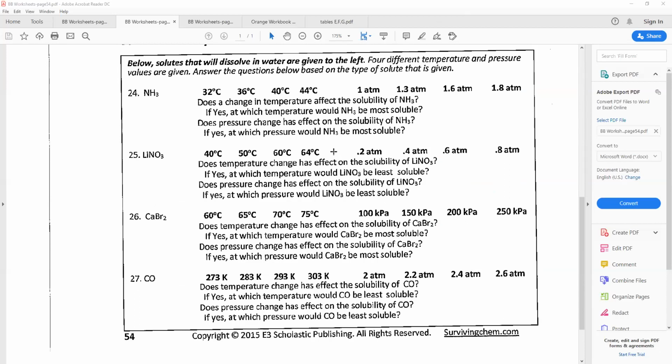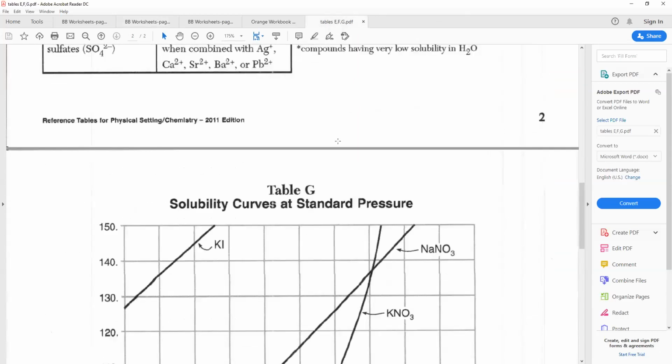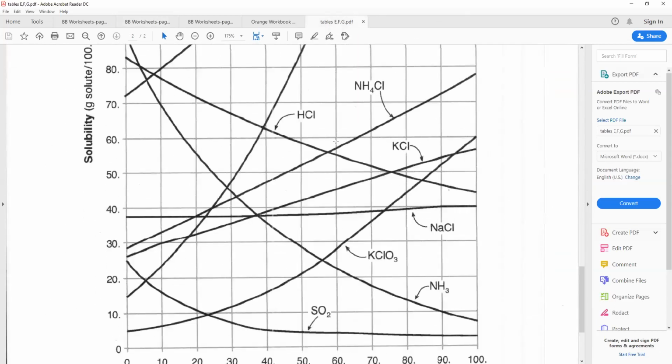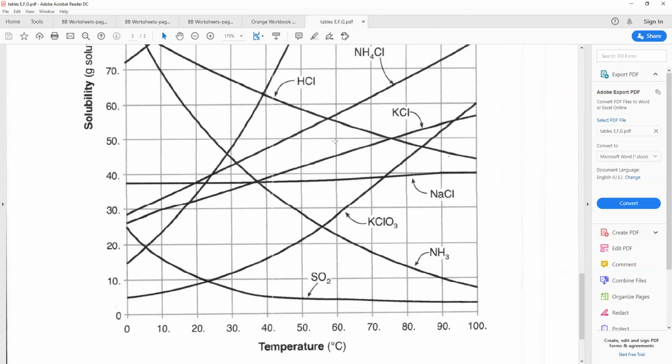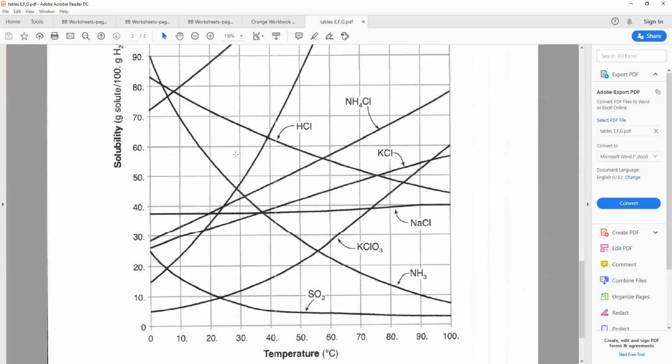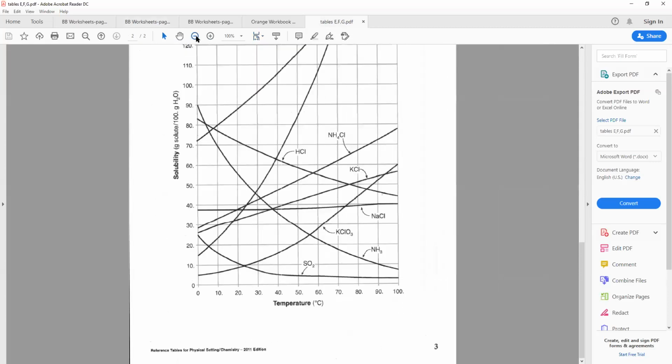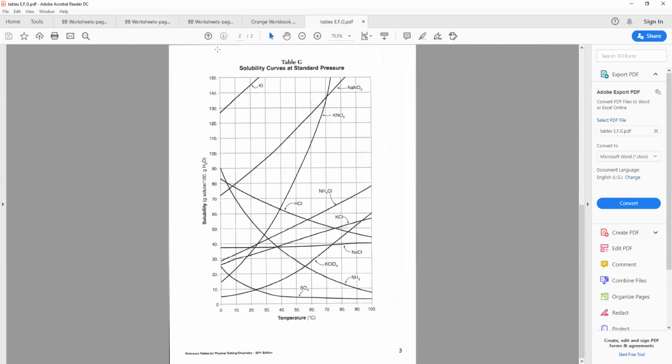Now, let's go to table G. What we talked about the temperature is over here. We are going to see table G. And you can see it over here.